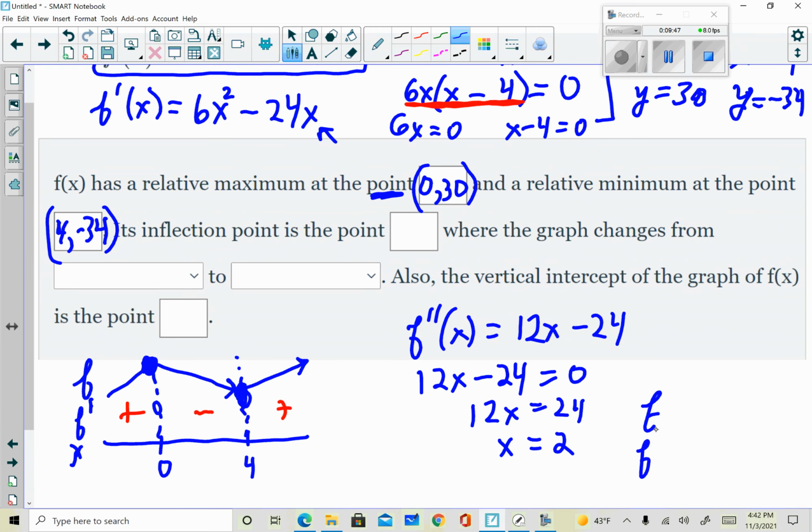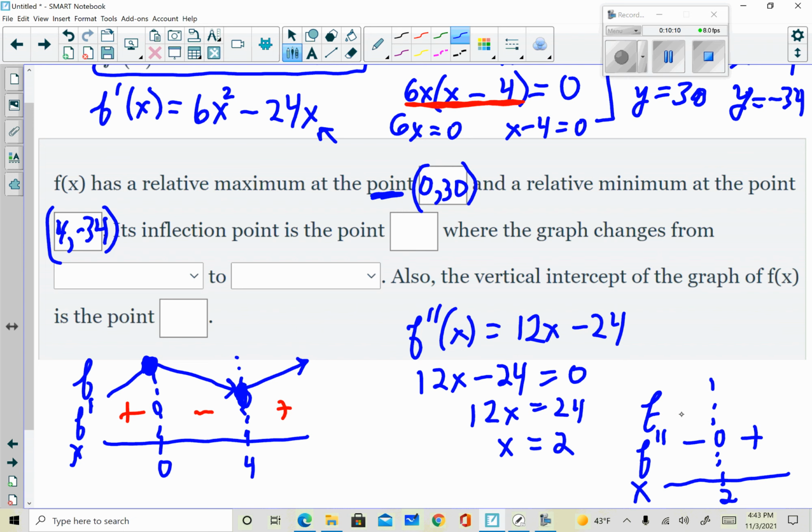F double prime of x: when x is 2, the second derivative is 0. Any number smaller than 2, plug into f double prime, you'll get a negative. Plug any number bigger than 2 into the second derivative, you'll get a positive.